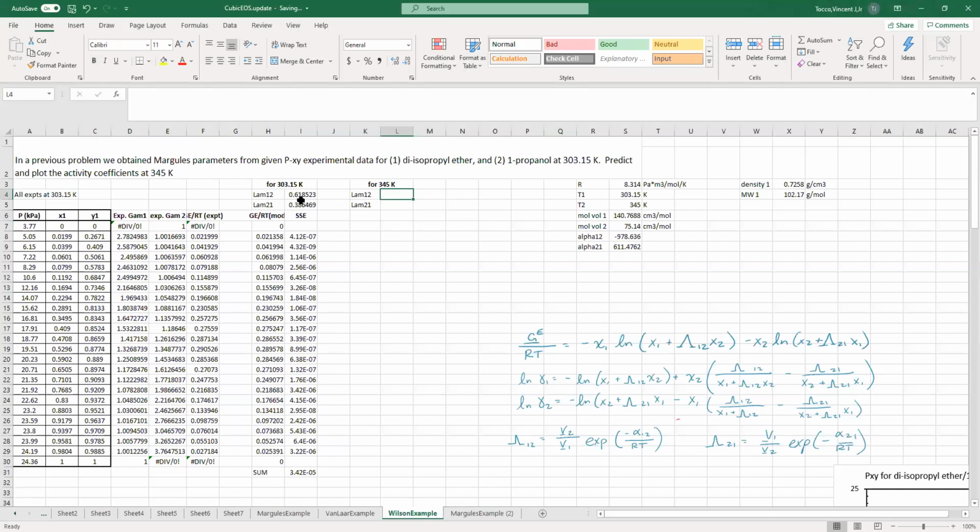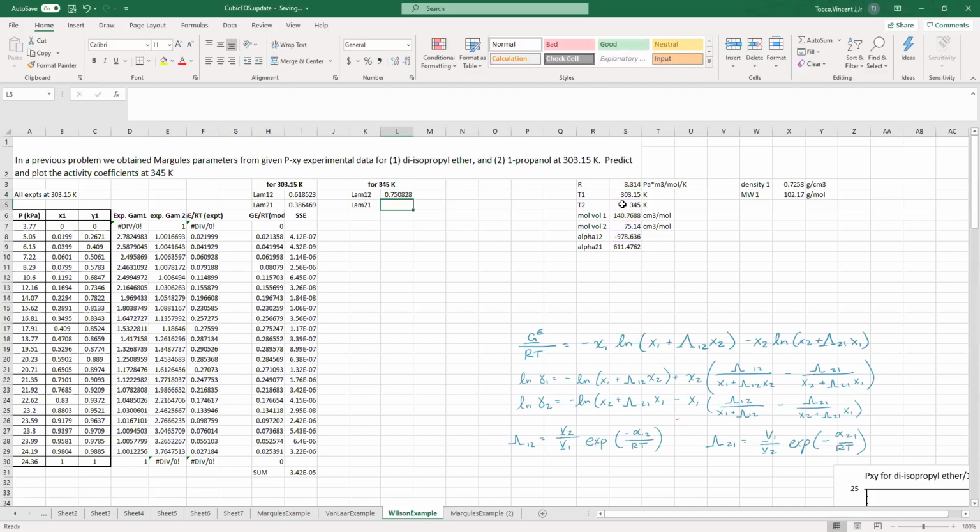And if I get something that's completely off from what I'm expecting, then I'm going to double check for mistakes. So lambda 1, 2 equals V2 divided by V1 times exponent of minus alpha 1, 2 divided by R times T2, now, because I want to change the temperature.